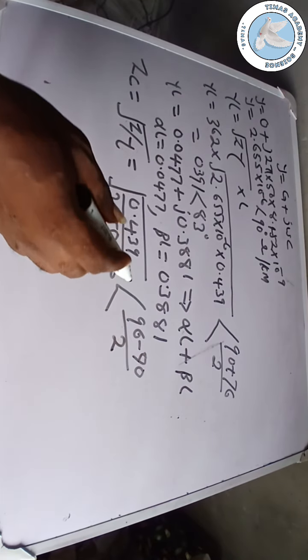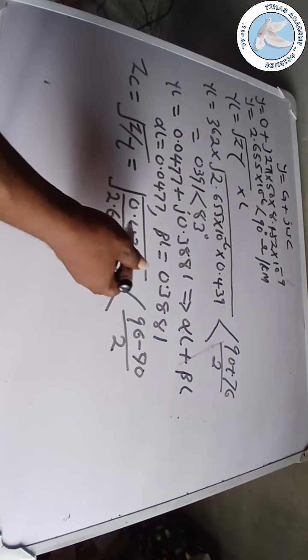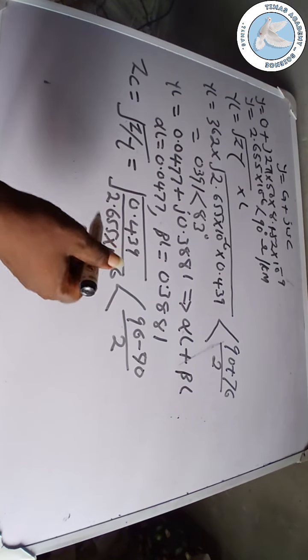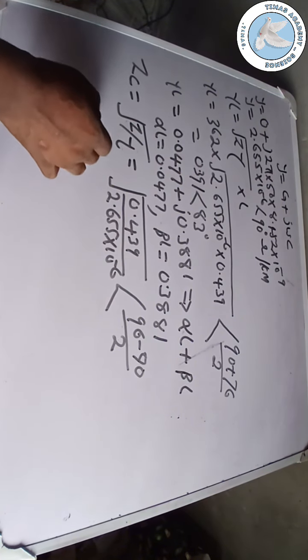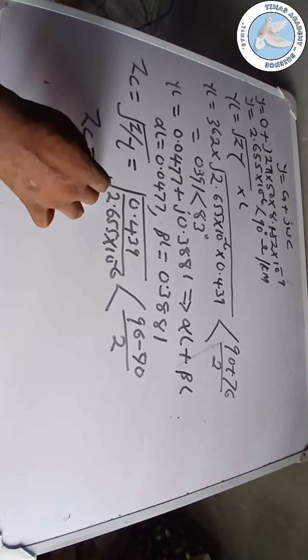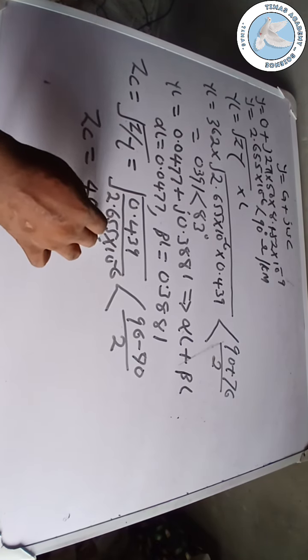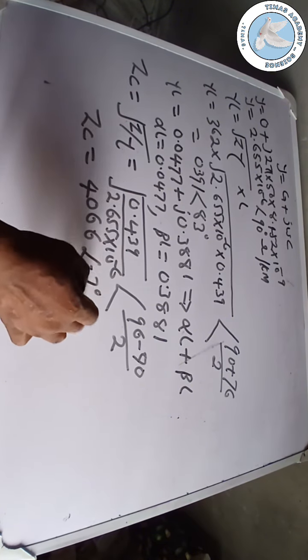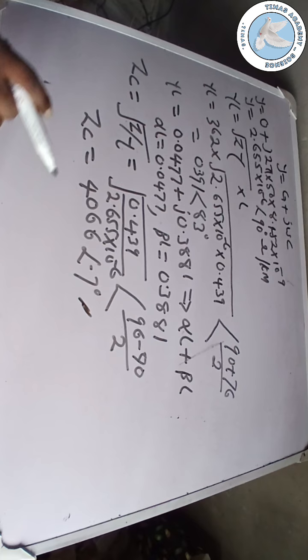It is minus because the two parameters are divided. So at this point we have that ZC is 406.6 and the angle is minus 7. So that will help us.